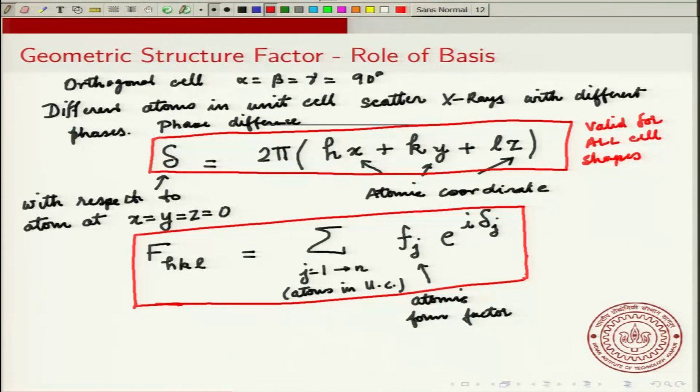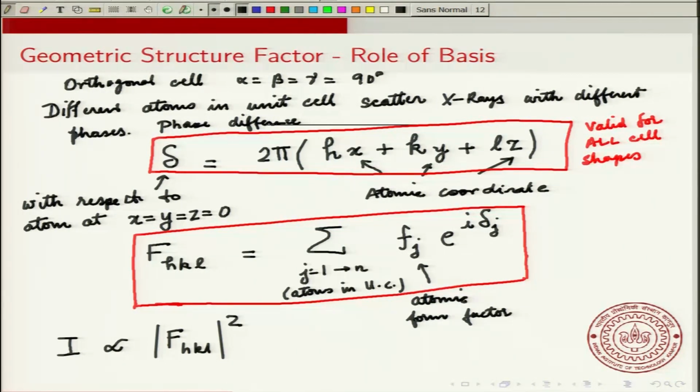And the relevance of this F is that the intensity is proportional to F HKL squared. So, the intensity is proportional to the square of this scattering factor.